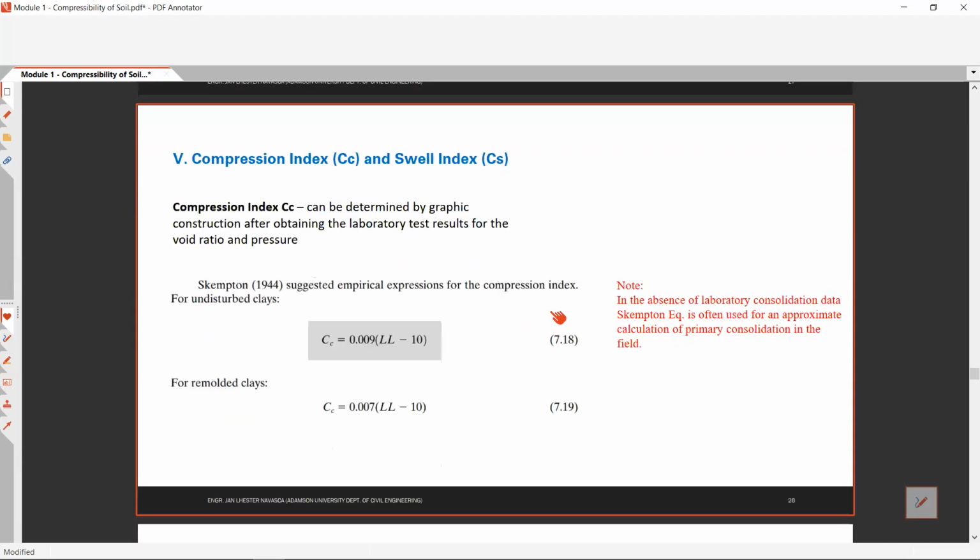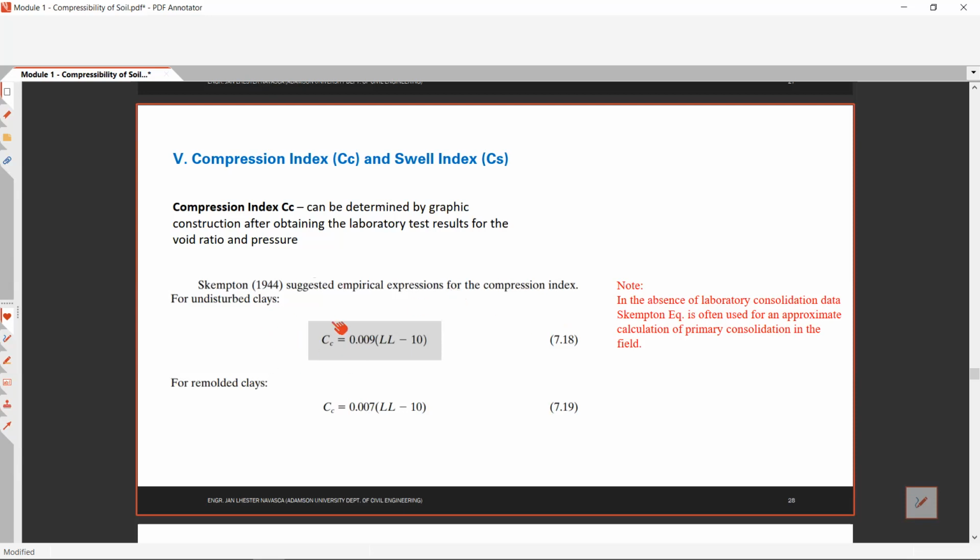So, for the compression index, Skempton 1944 suggests an empirical expression. Compression index can be determined by graphic construction after obtaining the laboratory test for the void ratio and pressure plot. However, in the case na hindi siya available, you can use the formula by Skempton in 1944.